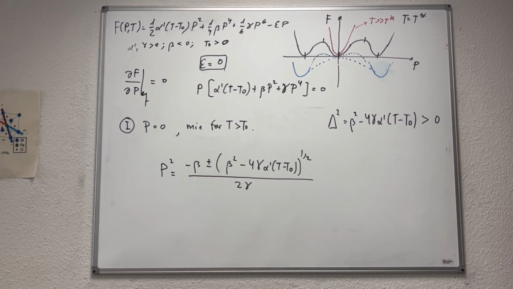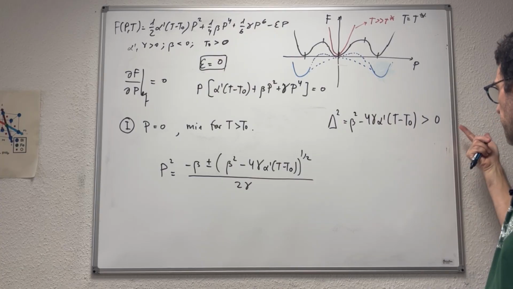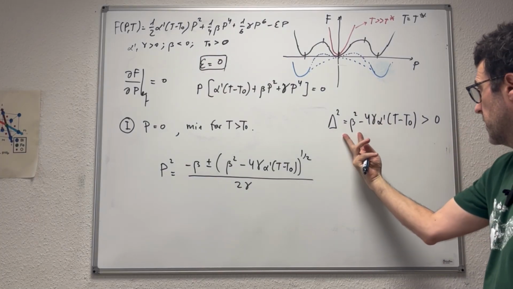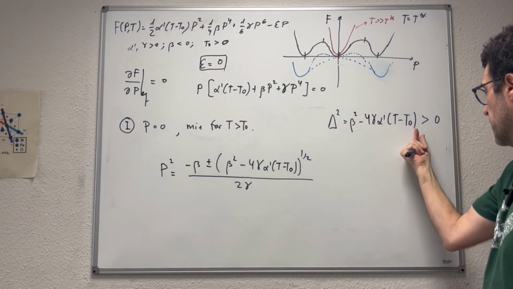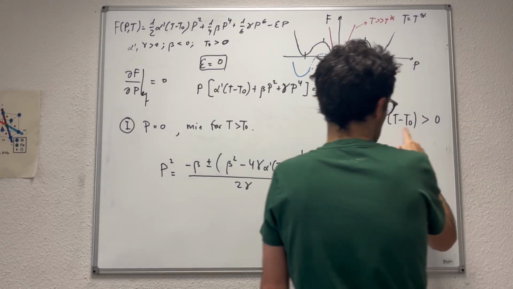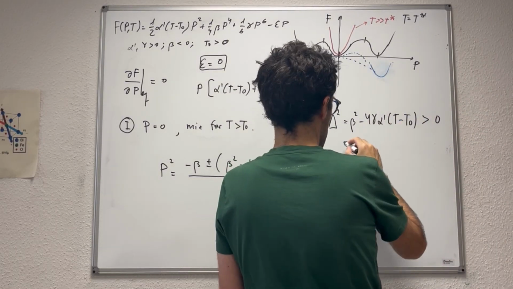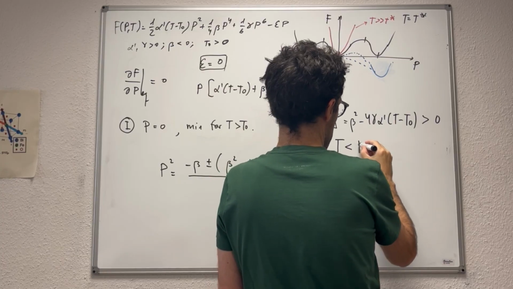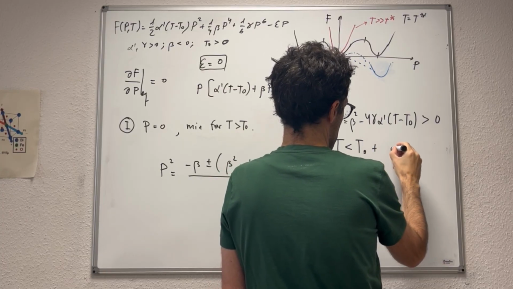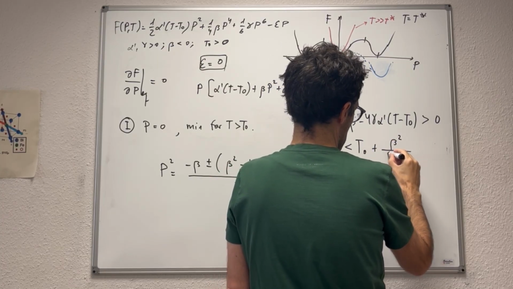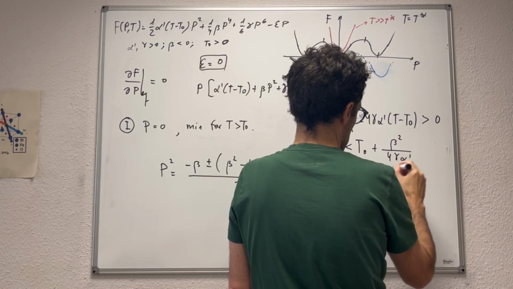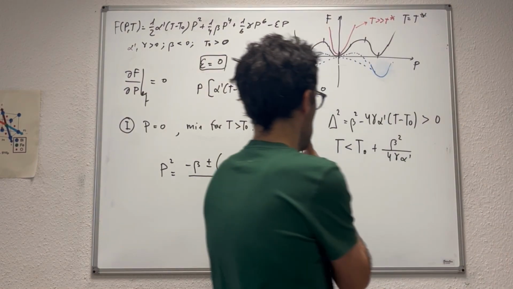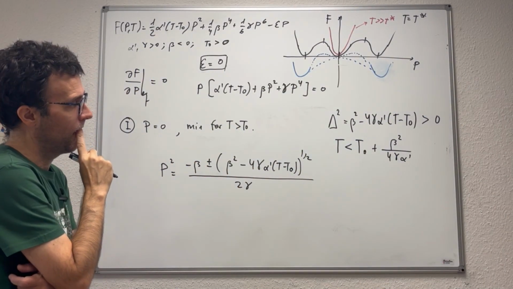So what can we do? We can move this term over there, then we can divide by this prefactor, and we can move T0 back, and then the temperature goes to the pointy part of the inequality, so the temperature has to be smaller than T0 plus beta square over gamma alpha prime. I think I did.